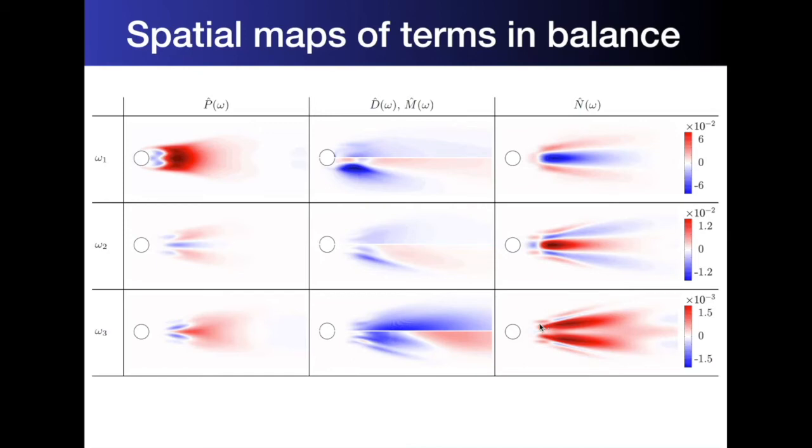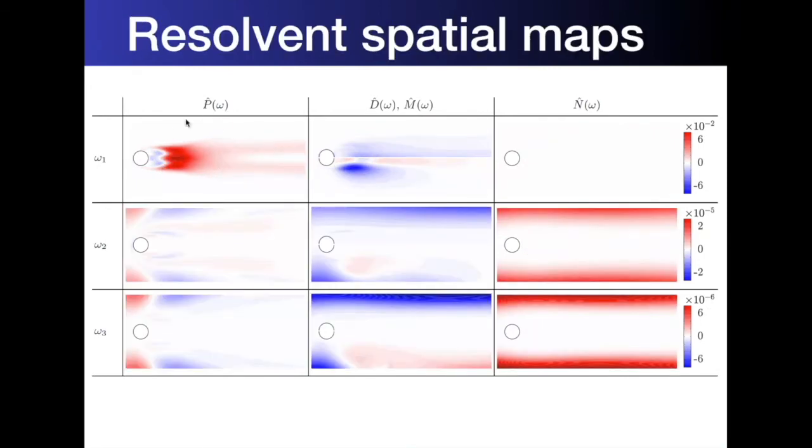Now, the next slide I'm going to show you are the resolvent predictions. And just to guide your eye, these two panels here are going to be roughly the same as each other. And the other 7 panels are going to look completely different. So resolvent does a decent job predicting production and the dissipation maps, but it predicts no nonlinear transfer.